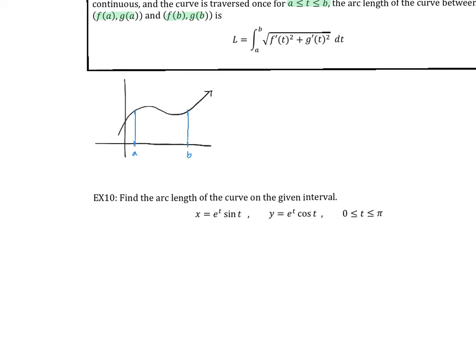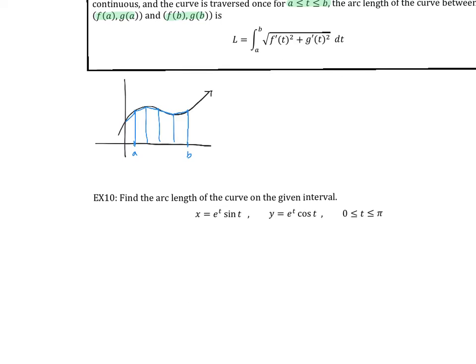Well, usually with integrals, what we do is we start out doing some partitions, right? And then we make those partitions really, really small. We take the limit. So go back to your Riemann sums. Now, what I'm doing is I'm connecting line segments on these intervals. And these line segments, I can compute the length for each one of those.